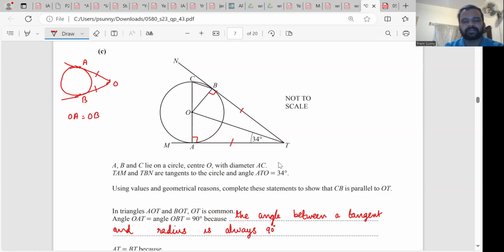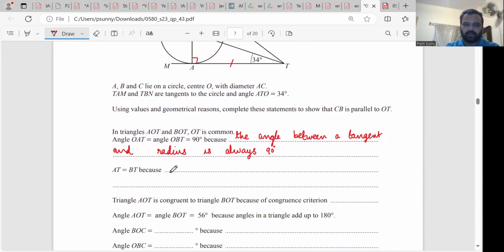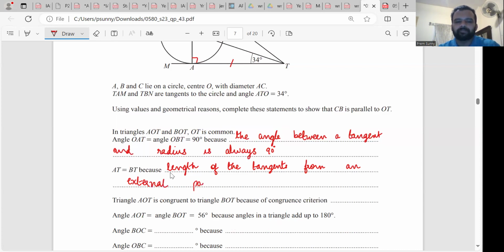We have studied this circle theorem, that the lengths of the tangents will be equal. So AT is equal to BT because the lengths of the tangents from an external point are always equal.